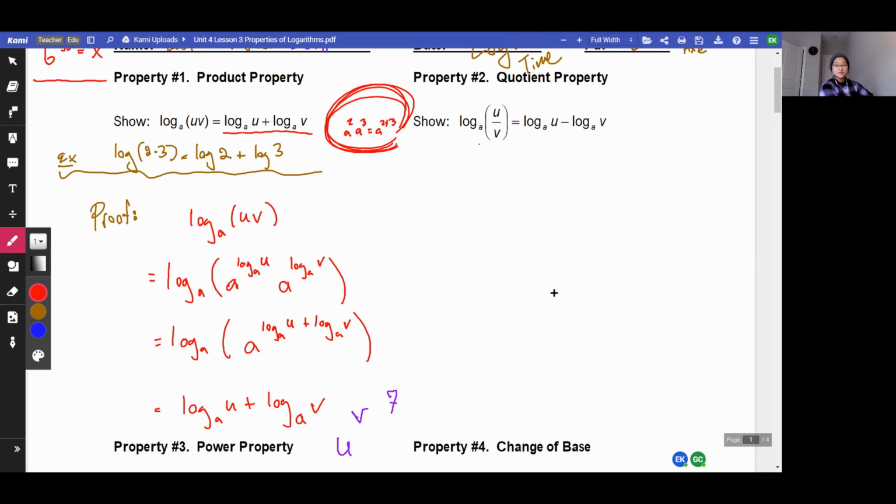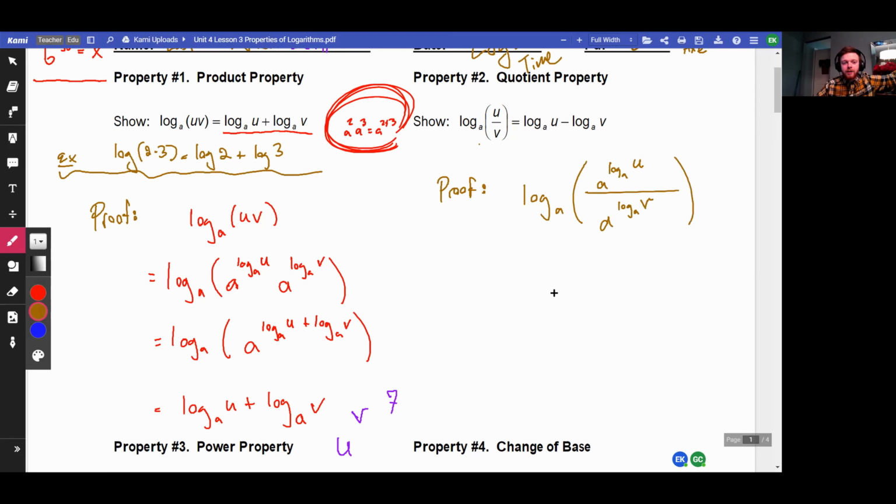Cool. Well, I think we should use what we did before for our first step of our proof, where we change our U and our V into A to the log base A of U and A to the log base A of V. And then I think we can use more exponent rules here, right?